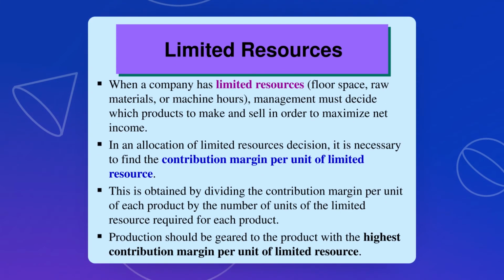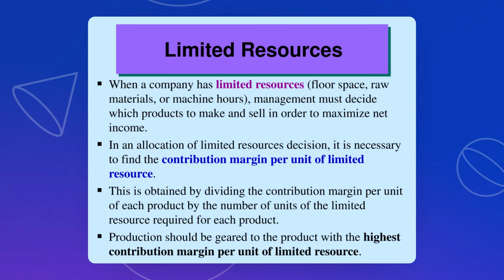So, meaning to say, class, when the company has limited resources, very important here. For example, paano masasabi na limited resources? For example, floor space, kulang yung floor space mo, kulang yung raw materials mo, yung machine hours mo din kulang. Management must decide which products to make and sell in order to maximize your profit.